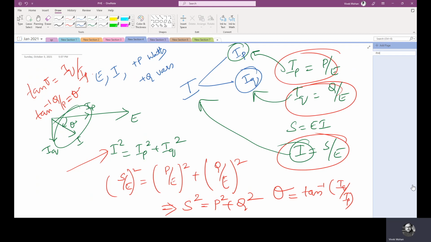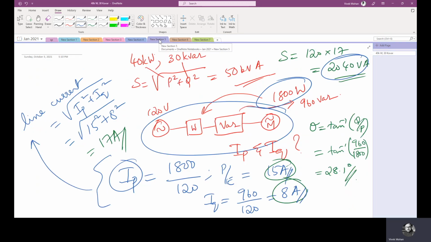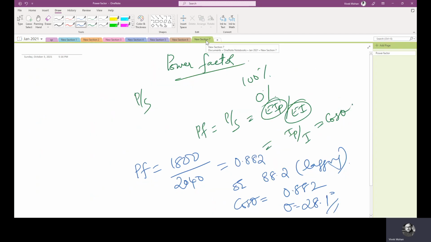Theta, right? We had already found out theta here, tan inverse Q by P, 28.1 degrees. The same thing you can find from the perspective of power factor.